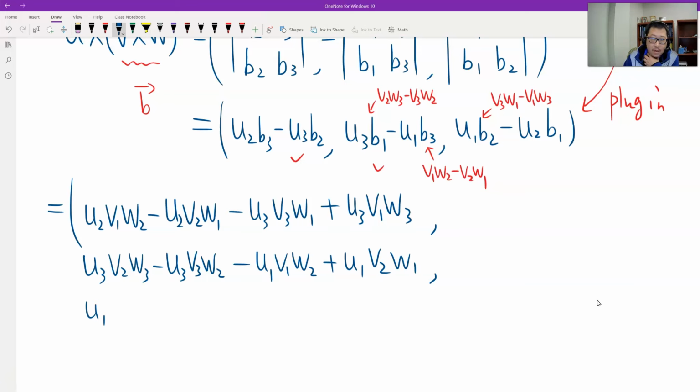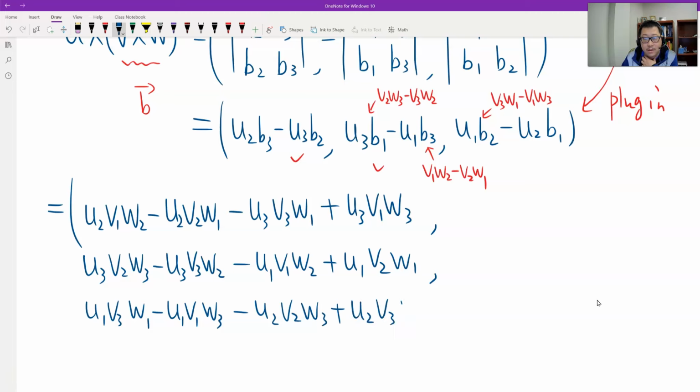Let me copy: U1 V3 W1 minus U1 V1 W3. And then minus U2 times B1. Well, B1 is there in the middle, which is V2 W3. Negative, negative makes a positive again: U2 V3 W2. Okay, so good.